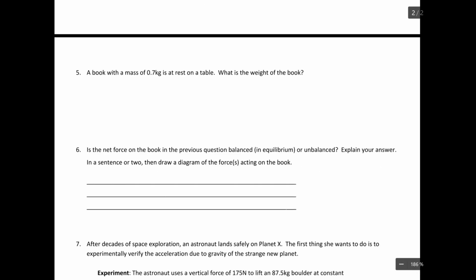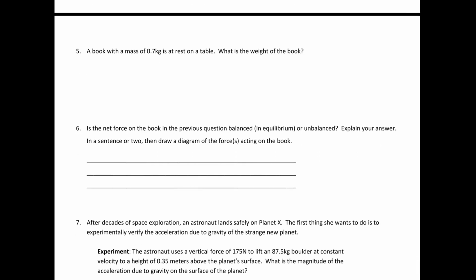Okay. Number 5 says, a book with a mass of 0.7 kilograms is at rest on a table. What is the weight of the book? Very repetitive, this homework. Hopefully you guys get it by now. You shouldn't even be watching this video anymore. You should just be rocking through these on your own. What is the weight of the book? See if you can do it on your own. g is equal to, well, we could assume we're on Earth, negative 9.8 meters per second squared.